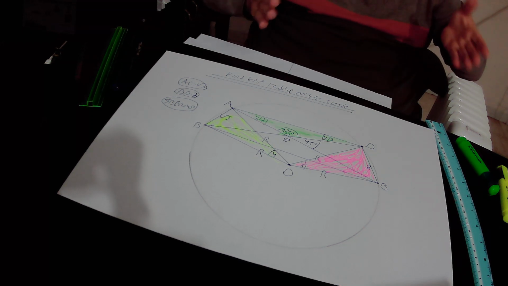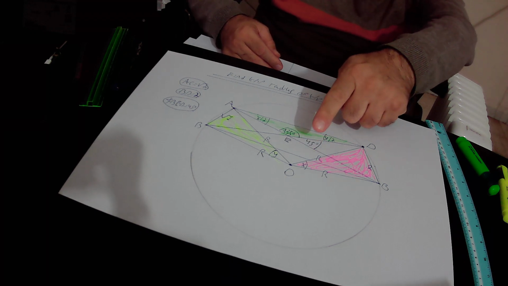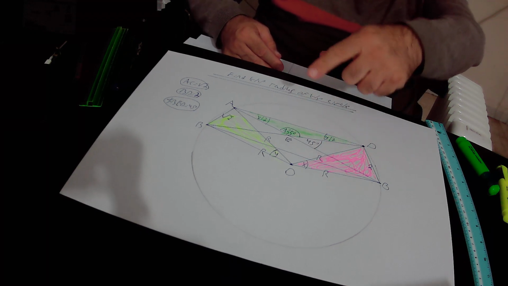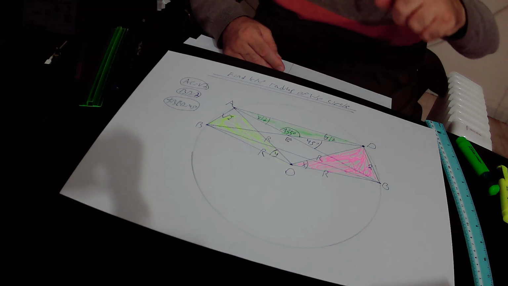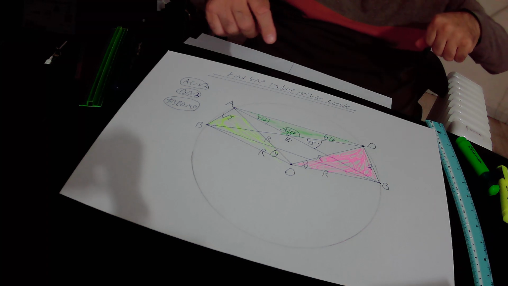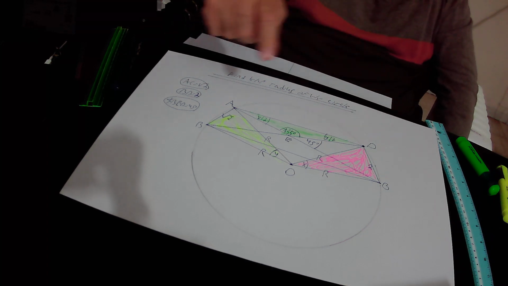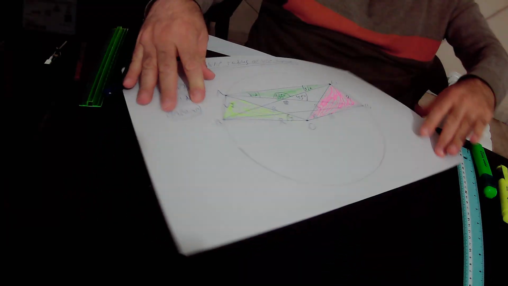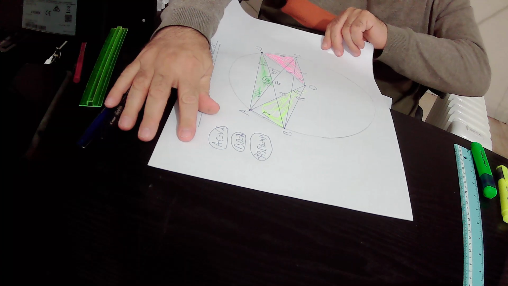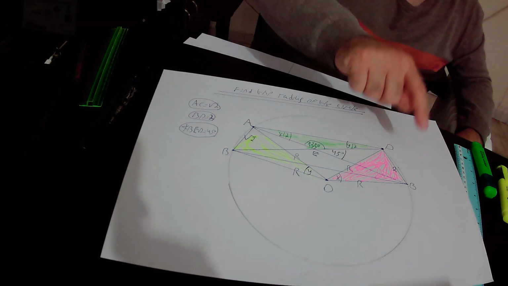Those 4 line segments all start from point O and end at points on the circle: B, A, D, and this point.